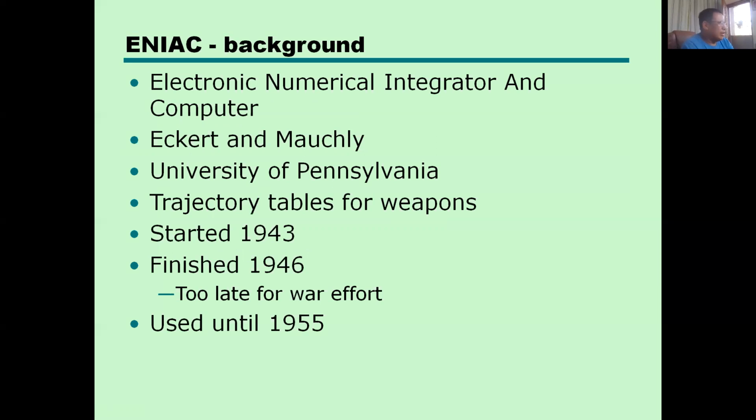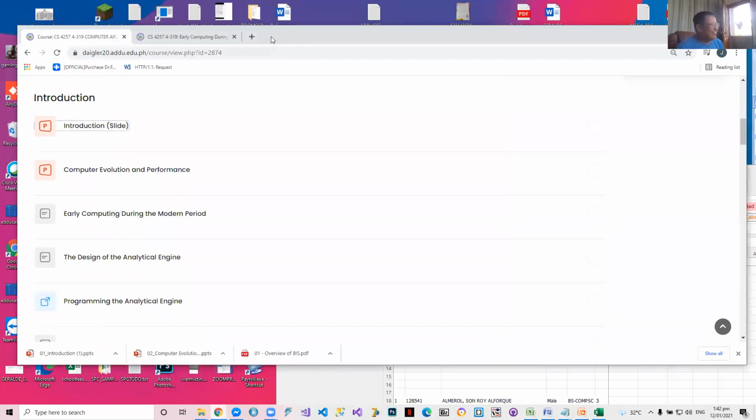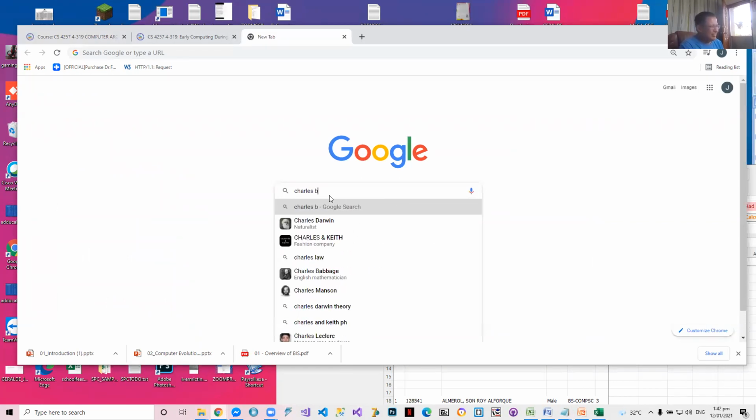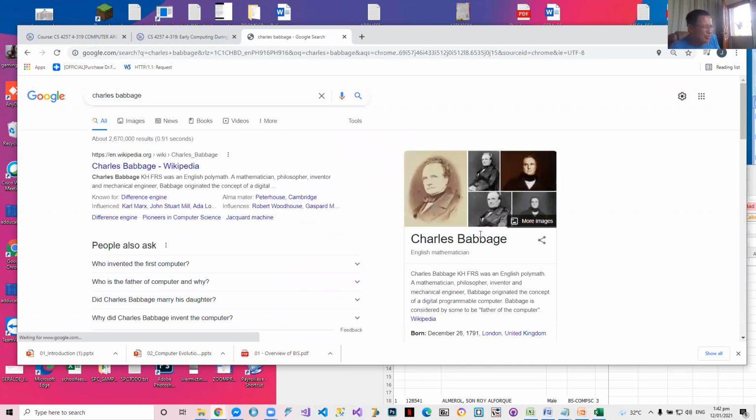Who invented the first computer? Anyone? You remember? Si Babbage, sir. Charles Babbage. Charles Babbage is very popular, no? When was that? I forgot na, sir. 1873. Namatay si Babbage, no? 1800s, no? Charles Babbage, of course, you forgot. 1877 yata siya namatay. Basta 1870s ito. Which university?